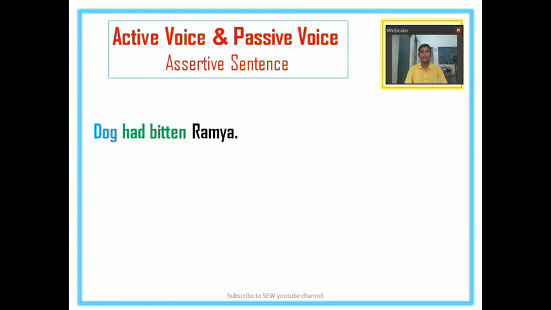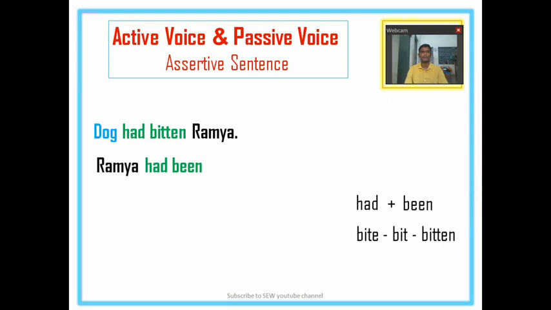Next example, dog had bitten Ramya. So dog is the subject, had bitten is the verb, and Ramya is the object. So the object becomes the subject in passive voice. What is the helping verb? Had. Been should be added to that. So had plus been, had been. Next, the V3 form.